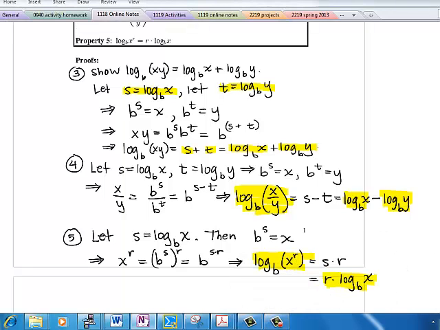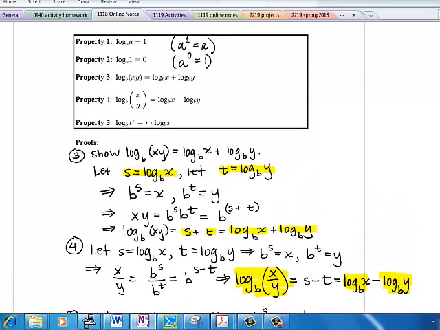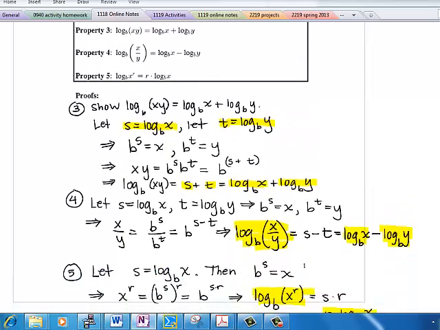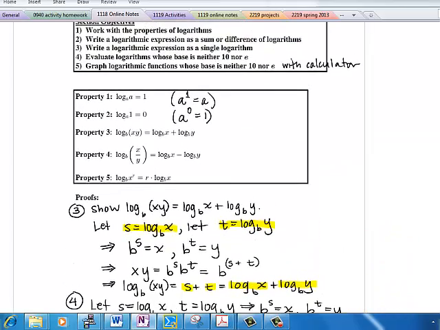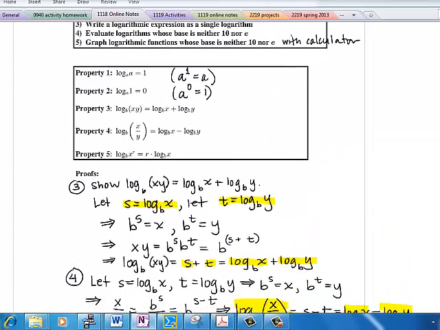I'm not ever going to ask you to prove these properties, but I did think it was important to go through the proofs so that you could see that they're not just coming out of nowhere. So again, they mostly rely on the properties of exponents that say when you have a product, you add the exponents. When you have a quotient, you subtract the exponents. And when you have a power of a power, you multiply the exponents.